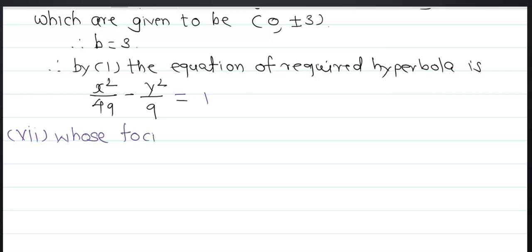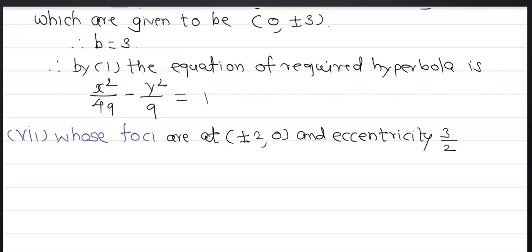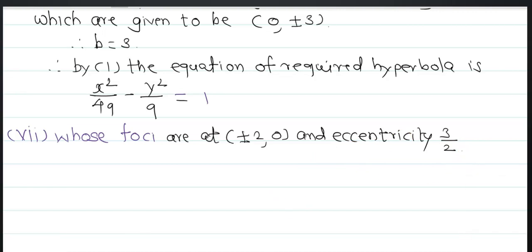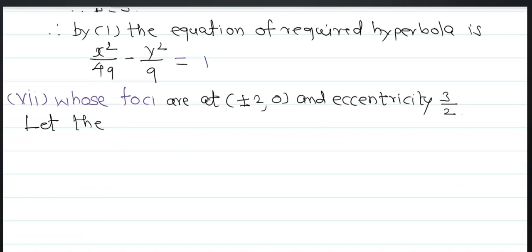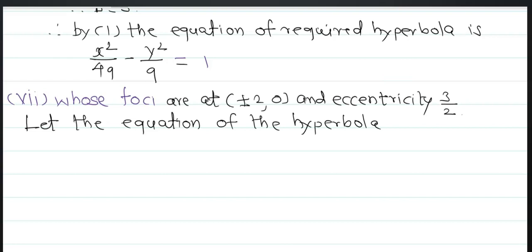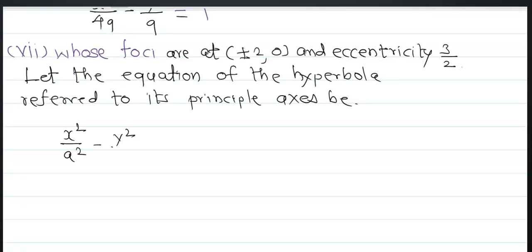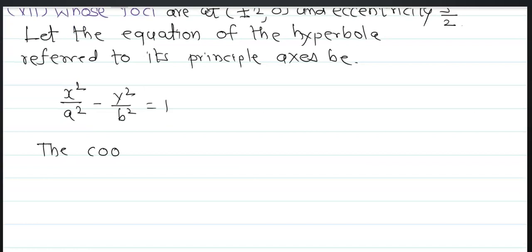Next is whose foci are at (±2, 0) and eccentricity is 3 by 2. Therefore, let the equation of the hyperbola referred to its principal axis be x square upon a square minus y square upon b square equals 1.